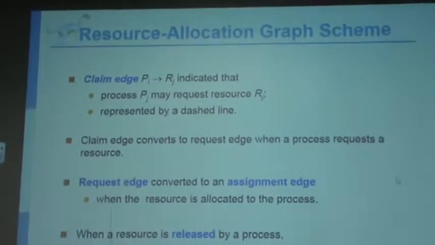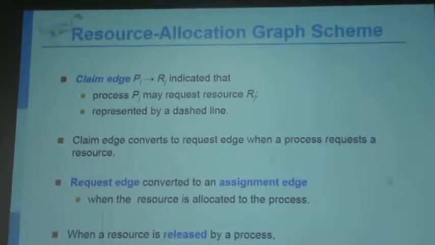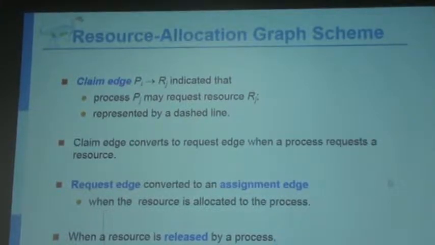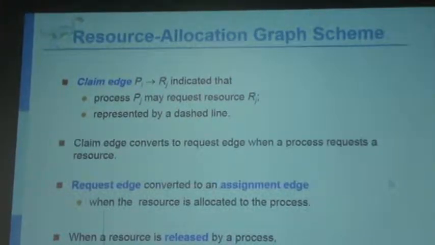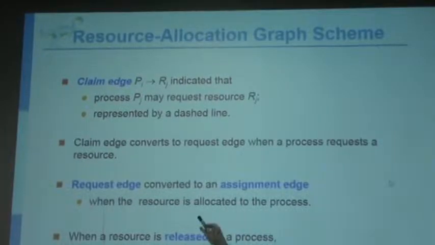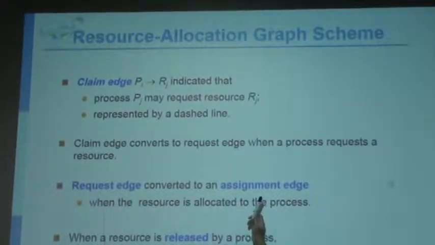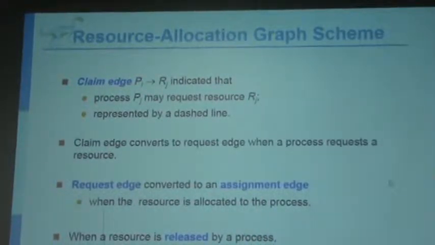If you cannot find the safe state, in other words, if you cannot find the sequence of processes, which means it will be unsafe state, you decline the request, such a claim from the process. That is the deadlock avoidance. If you believe that is okay, then you can assign. So the request edge can become the assignment.